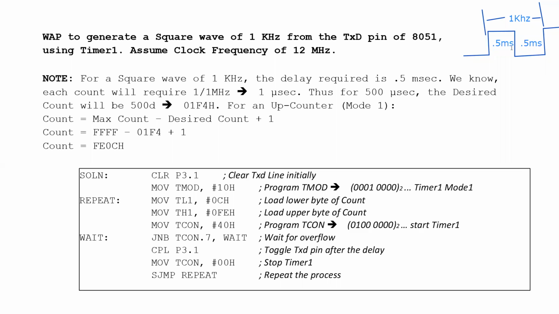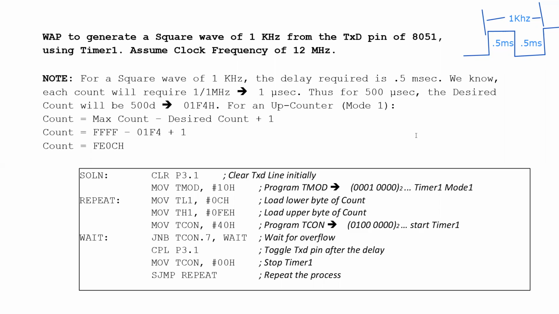So we need to generate a delay of 0.5 millisecond, and the signal should be high for 0.5 millisecond and low for 0.5 millisecond. So you will get a square wave.